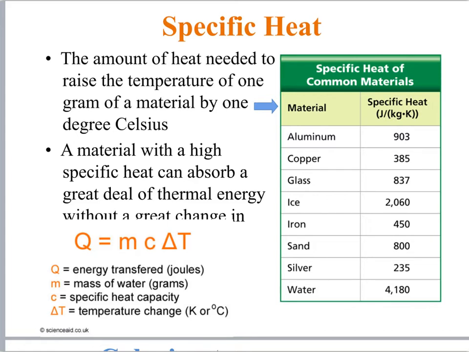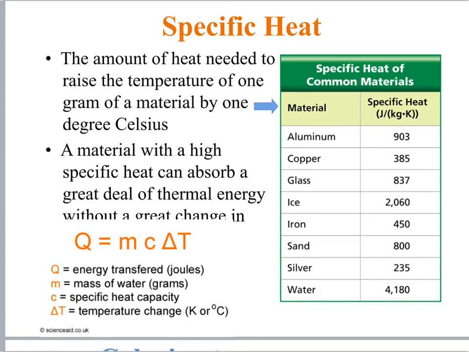And if it's a pure substance like an element or a specific type of compound, these things are pretty much fixed. So a material with a high specific heat can absorb a great deal of thermal energy without a great change in temperature.